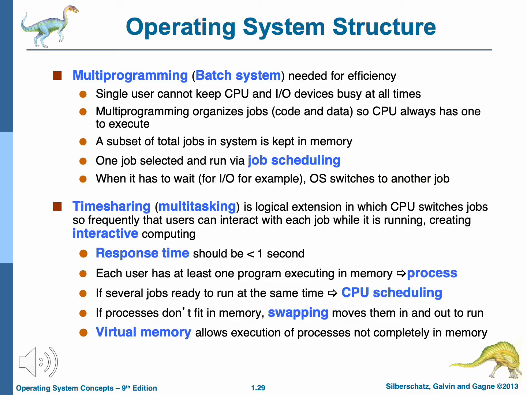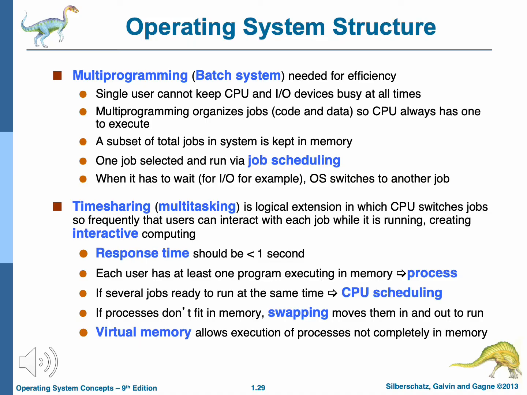As the system switches rapidly from one user to the next, each user is given the impression that the entire computer system is dedicated to his use, even though it is being shared among many users. A time-shared operating system uses CPU scheduling and multiprogramming to provide each user with a small portion of a time-shared computer.